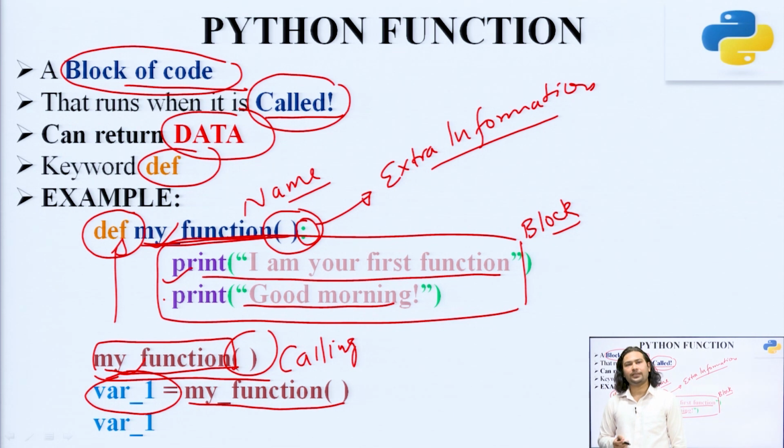Keywords are reserved words which show some specific information from the coder itself. They cannot be edited. So ultimately this var 1 will hold no information, or we can say it just reflects the None keyword, which directly implies that it does not hold any other information.